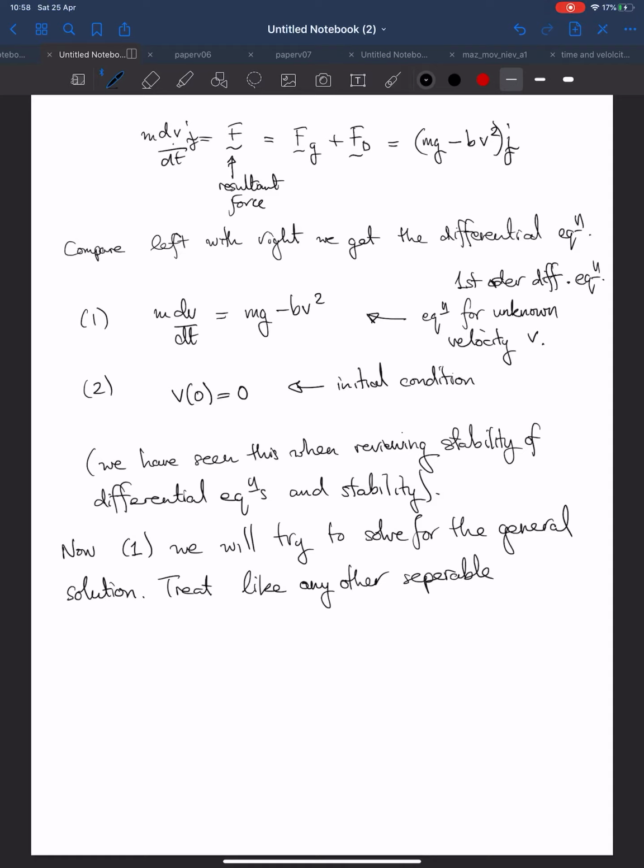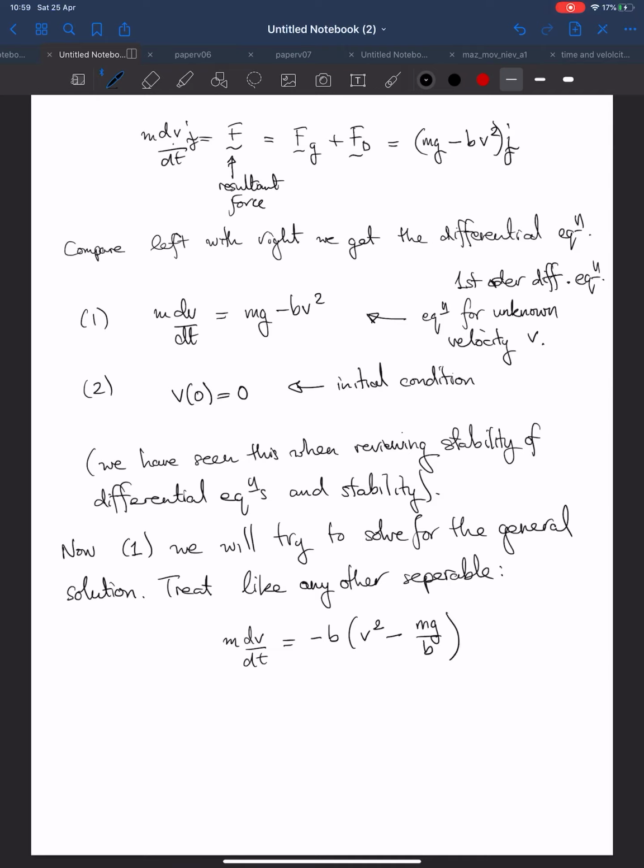The right hand side can be written as a product of some function of t times a function of v, and that function of t happens to be constant. So I'm going to do some pre-manipulation before we do this. I'm going to take out the factor minus b because I like to have my v's with positive coefficients in this. So we have this.